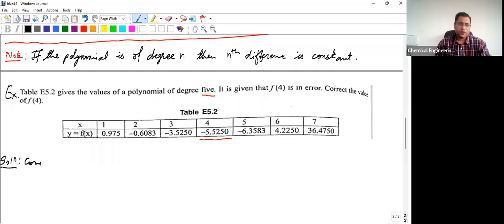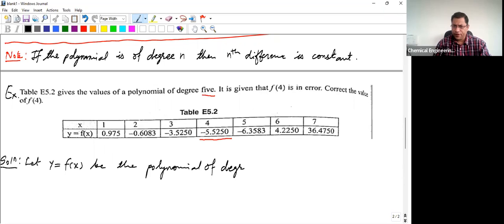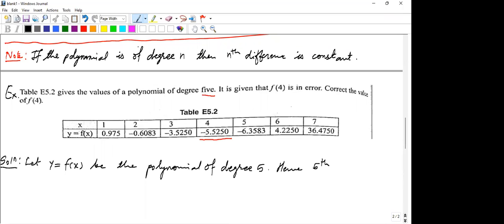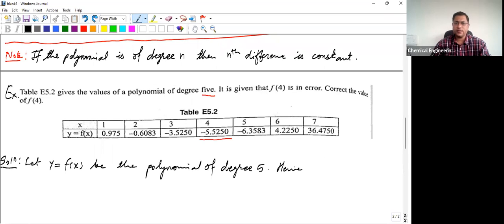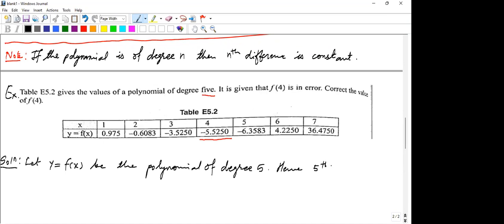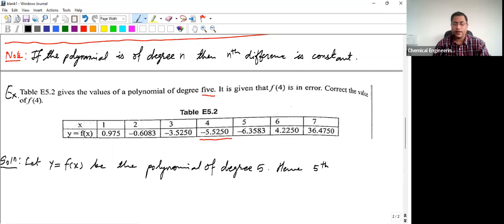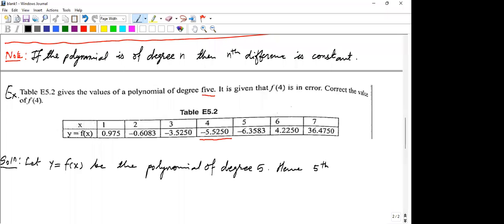Let y is equal to f of x be the polynomial of degree 5. So what do we have to find? The correct value of f of 4. We know it is in error, so we have to correct this value.